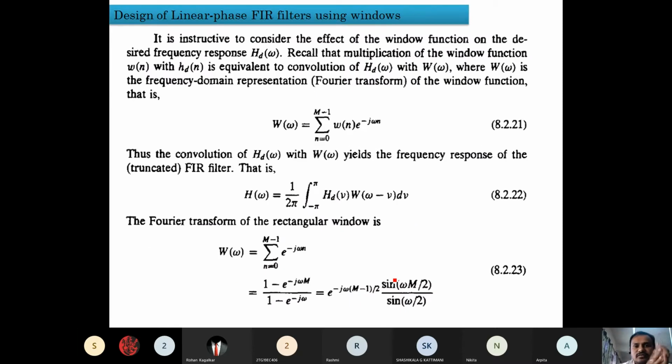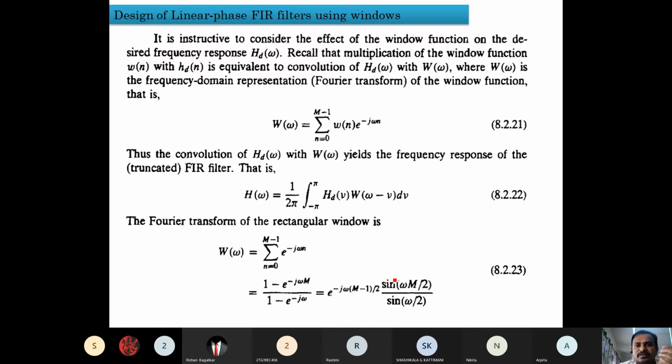It is effective to consider the effect of the window function on the desired frequency response. The window function is going to have an effect on the desired frequency response, hd of omega.